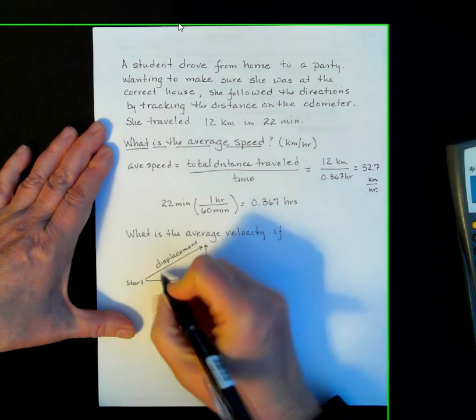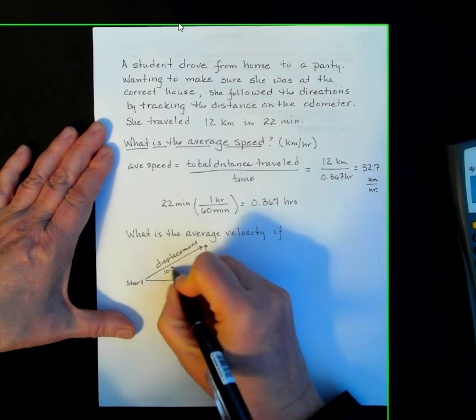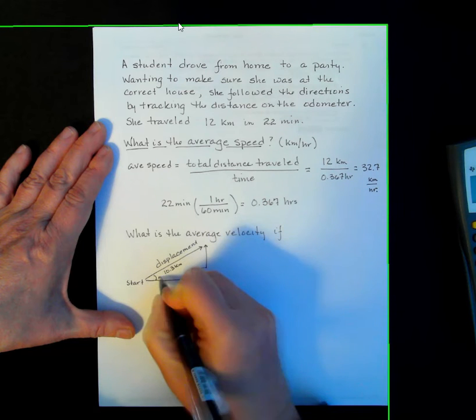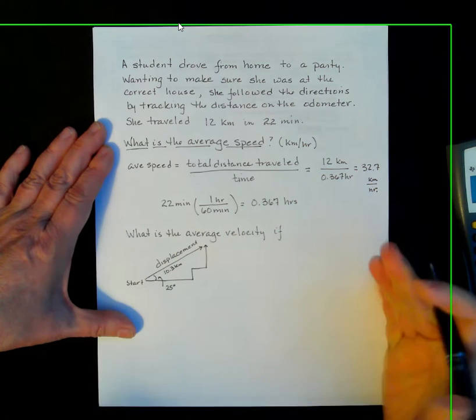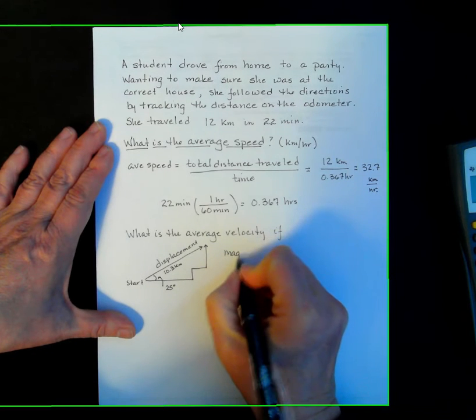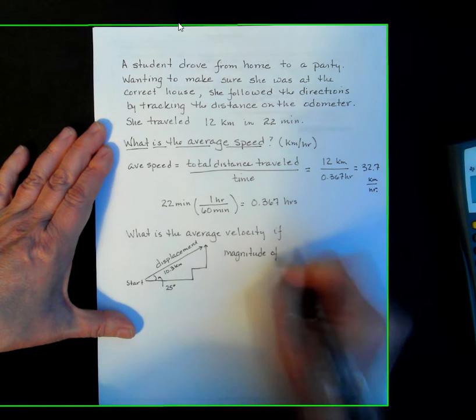And we're told in the problem that the displacement is 10.3 kilometers, and we're told that this is 25 degrees. Now, for the course of this problem, we just want to know the magnitude of the displacement vector.